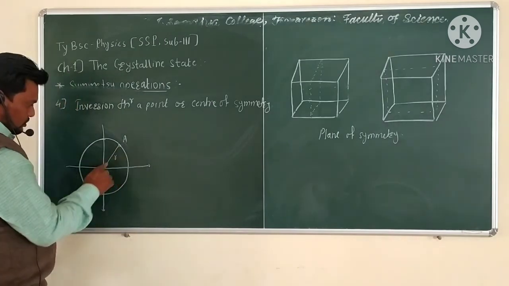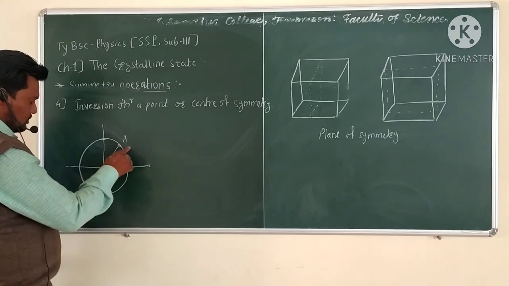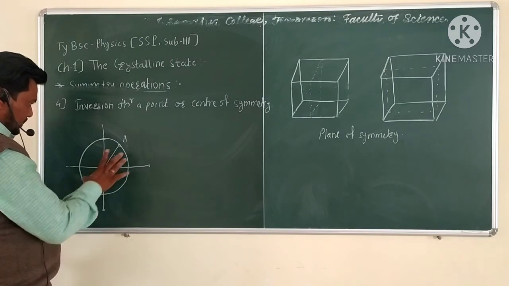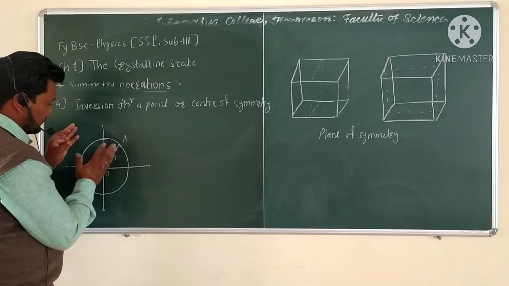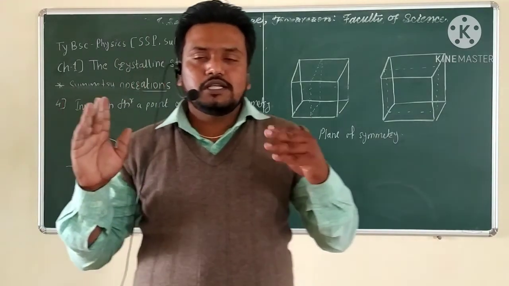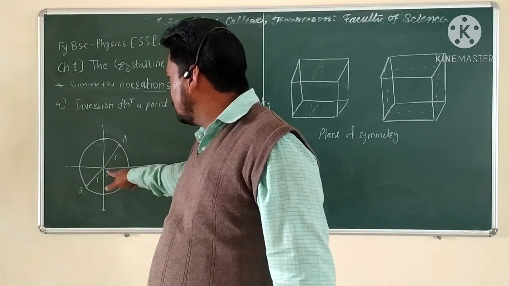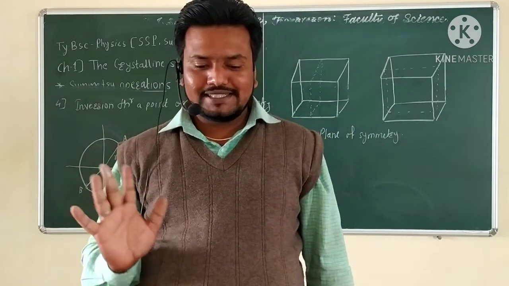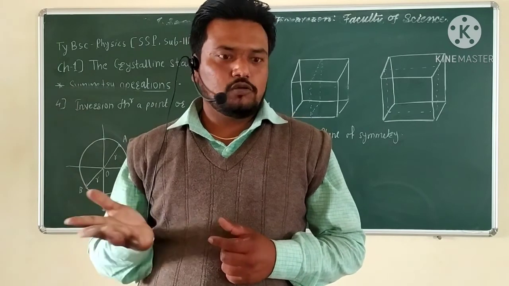Suppose we join the center to A, that is the ray OA, and this is the ray OB, and connecting this whole part separates the circle into two identical parts with the help of this centroid point O. That's why we say that this is the inversion symmetry or center of symmetry.